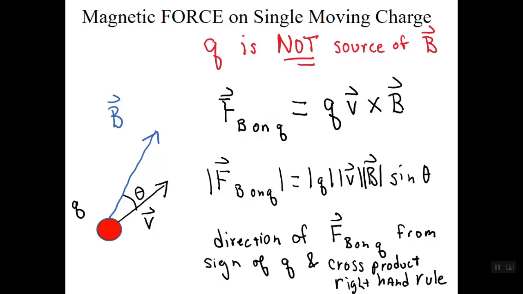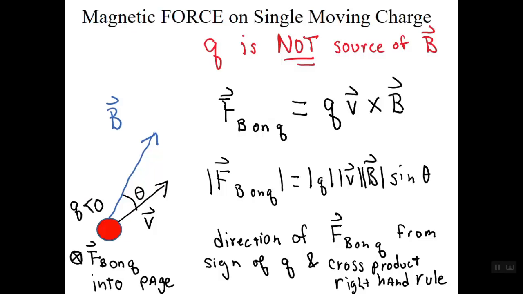The direction of the magnetic force is given by the direction of V cross B times the sign of Q. So, for example, if Q is greater than 0, the magnetic force points in the direction of V cross B, out of the page in this example. However, if Q is negative, the magnetic force points in the direction opposite to V cross B, into the page here, if Q is negative.